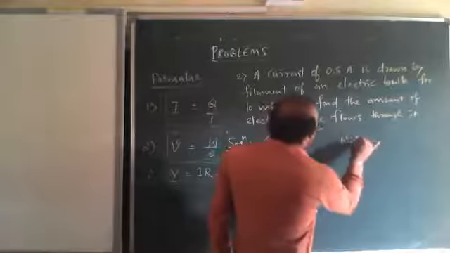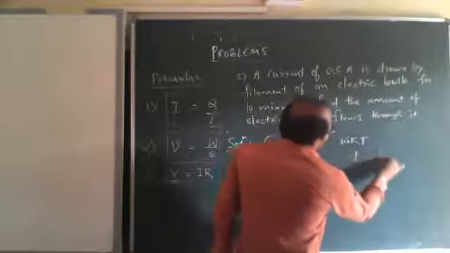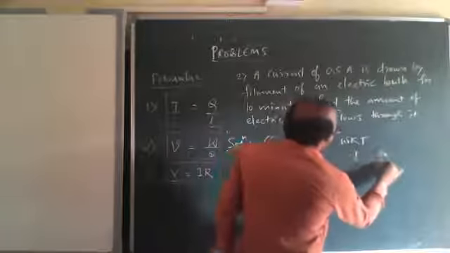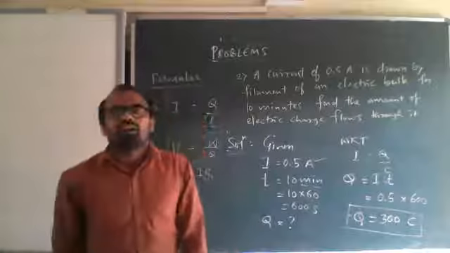We know that I is equal to Q by T. So Q is equal to I into T. I is 0.5, T is 600. 0.5 into 600. 0.5 is half, and half of 600 is 300. Q is in coulombs, so Q is equal to 300 coulombs.